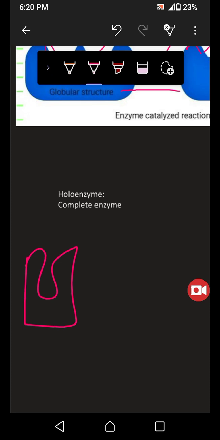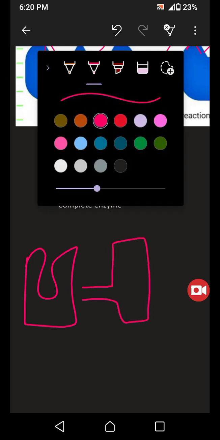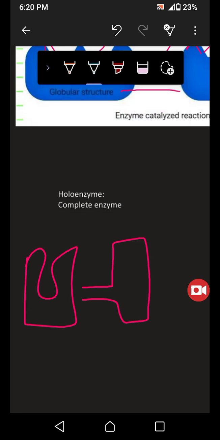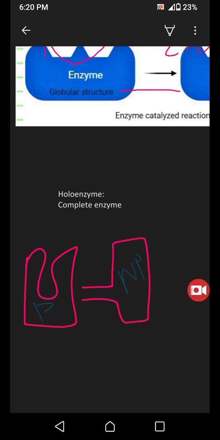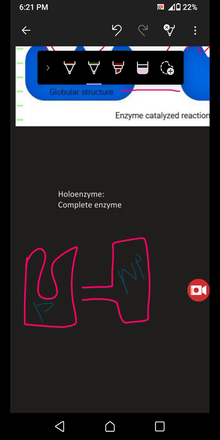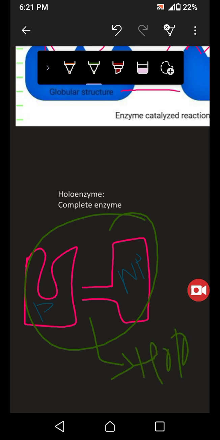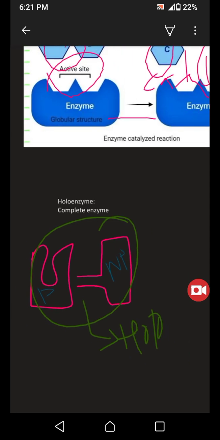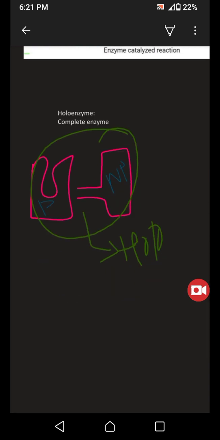Enzyme is made up of protein, so this is the protein part, and this one is the non-protein part. When they both combine together, they form a holoenzyme.